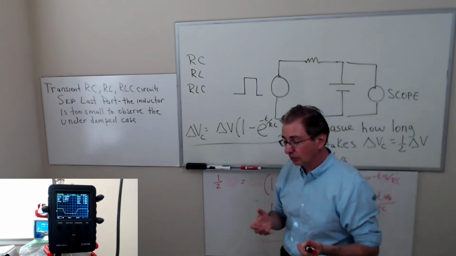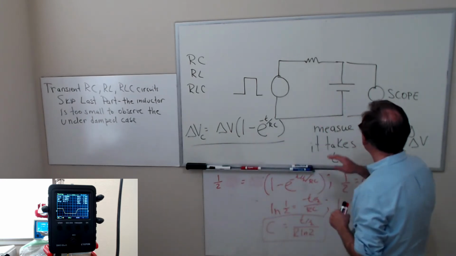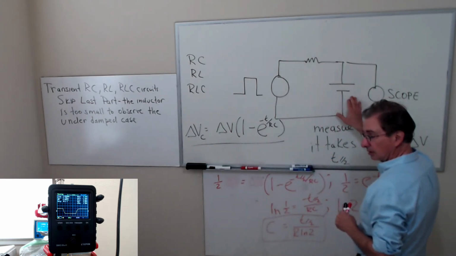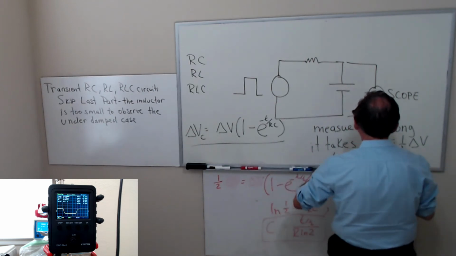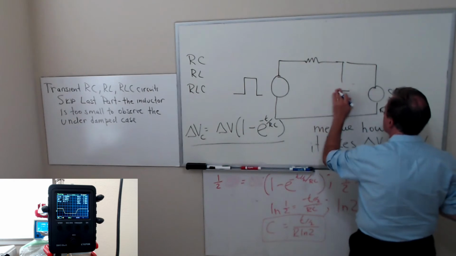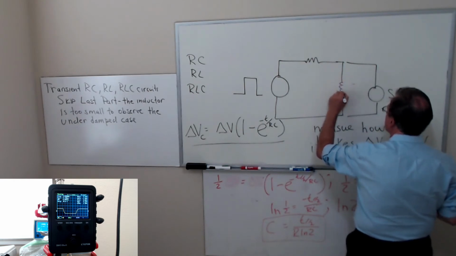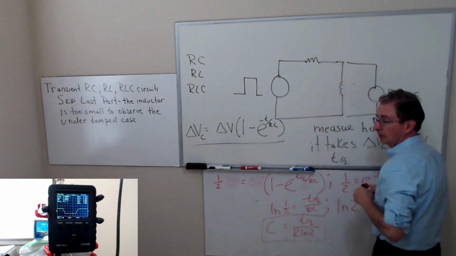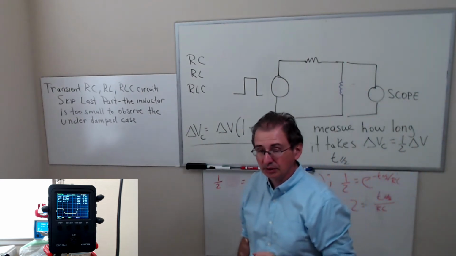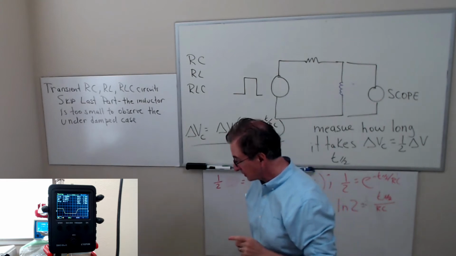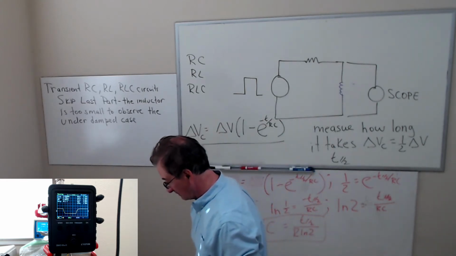So in part 2, all we're going to do is replace the capacitor with an inductor. Now the question is, what does the inductor look like?